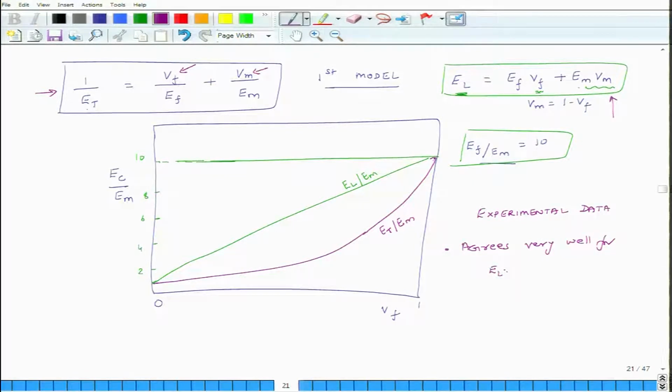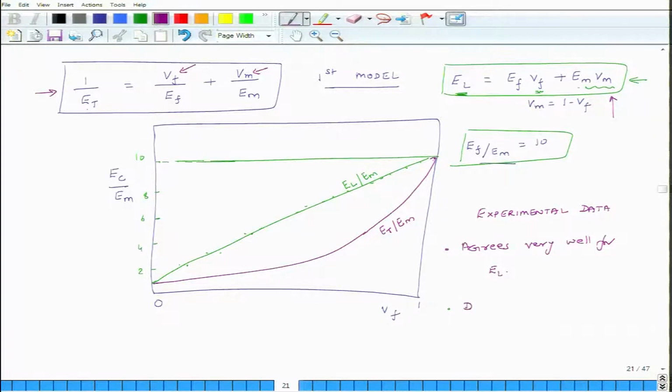If we take samples and pull them in longitudinal direction and we find experimentally the values of E_L, you will see a lot of values along this line, which means that the actual value of the longitudinal modulus of a composite is pretty close to our predicted value. So we can reliably use the equation for E_L.